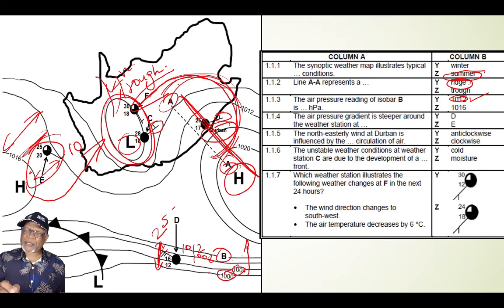So the warm, moist air going there and the cold, dry air going there. Warm, moist air is lighter, so it is going to be forced to rise, and the cold, dry air from the South Atlantic is going to undercut the warm, moist air, or the northeasterly winds from the South Indian high pressure.